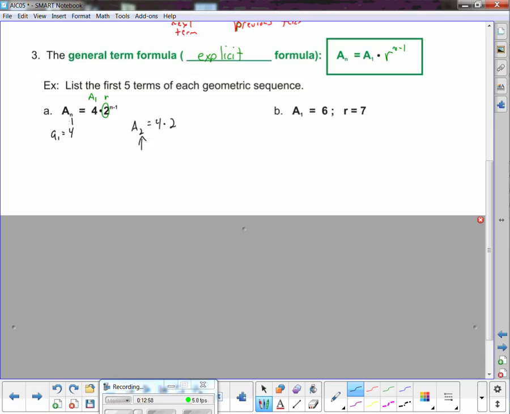Look, we're doing a sub 2. The n is a 2. So this is going to be 2 minus 1. Okay, we can all do 2 minus 1. We end up with 4 times 2 to the first, and therefore the second term is an 8.